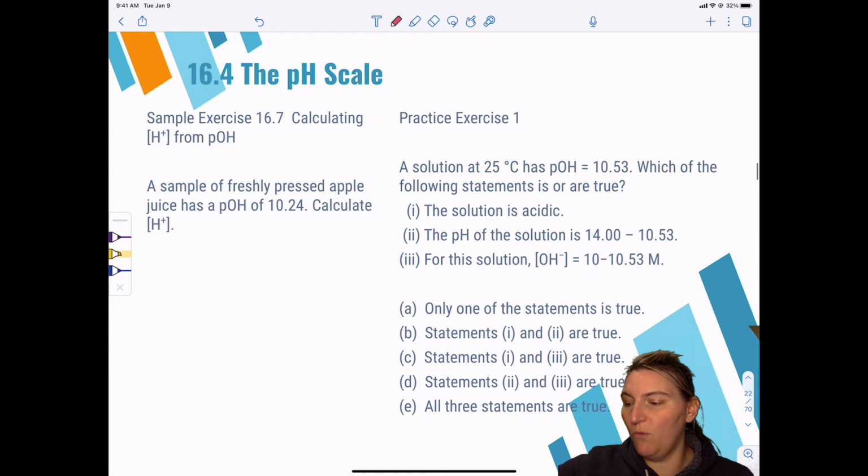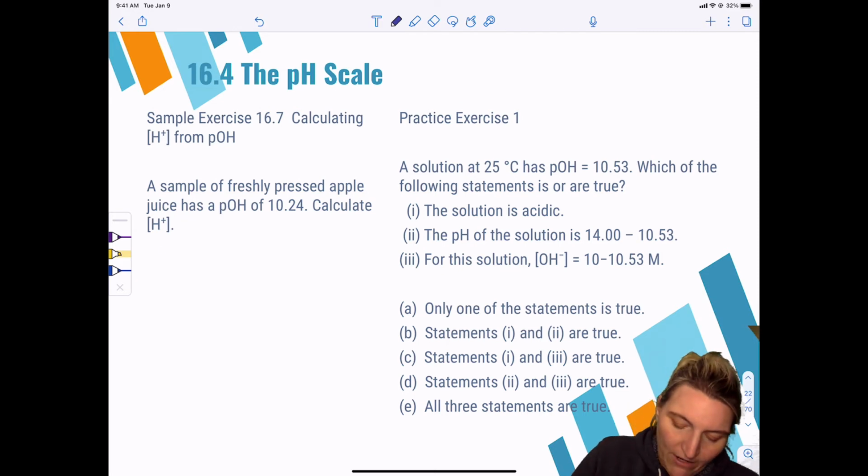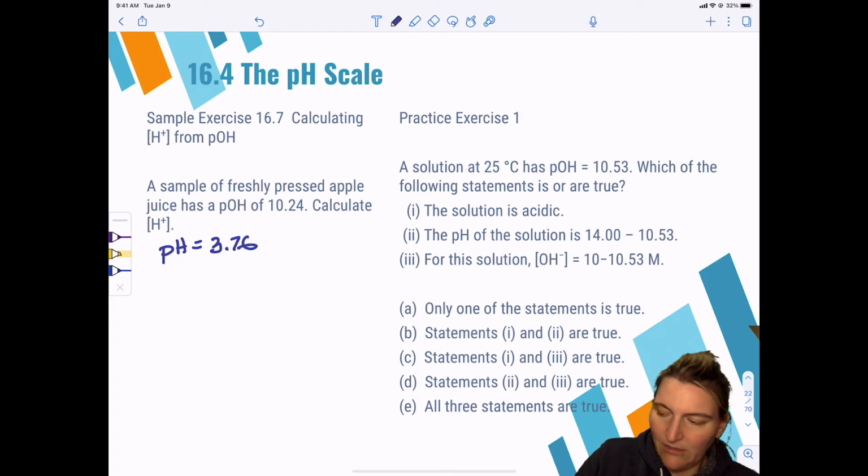We got 2 more questions. A freshly pressed apple juice has a pOH of 10.24. Calculate the H plus. Again, I think using pH plus pOH equals 14 and then doing the harder math. Right away, that means the pH is 3.76.